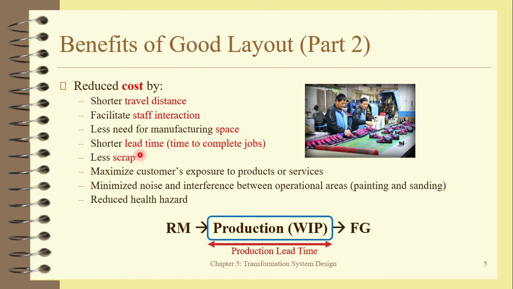Lead time, this word in industrial engineering, is the time to complete some job. For instance, we normally talk about the production lead time. Here you prepare the raw material, and once the raw material starts the first production, that is the first operation in the production process, it becomes work in progress, and once it completes all the required operations, it becomes finished goods.